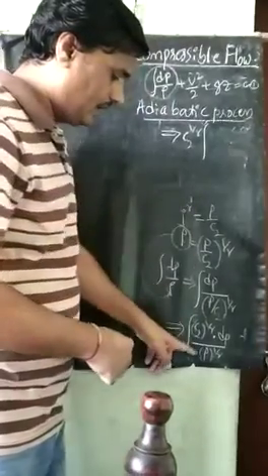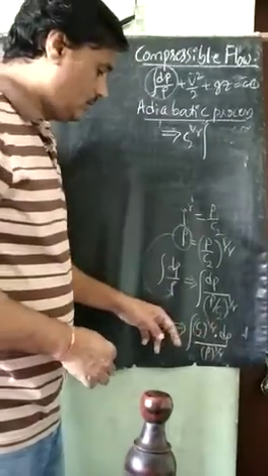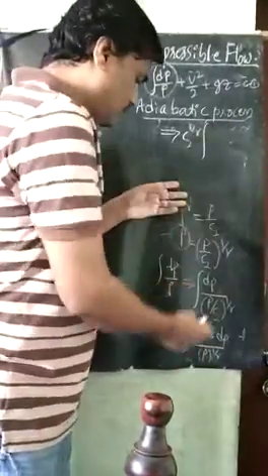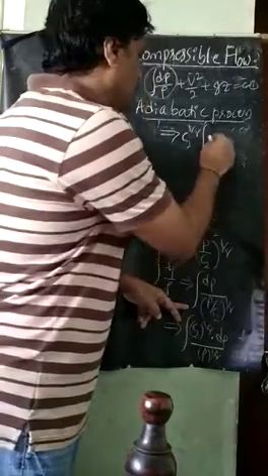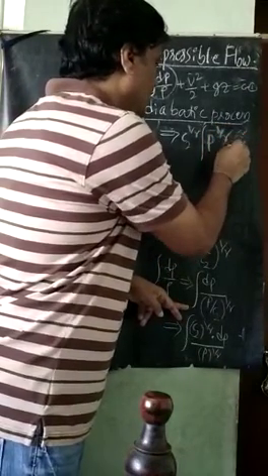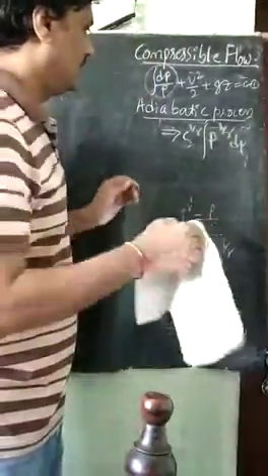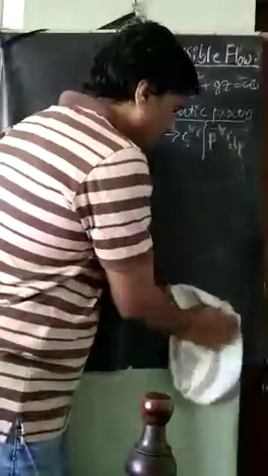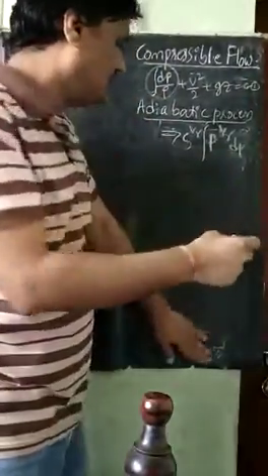If I take rho raised to 1 by gamma in the numerator, it becomes minus. So this becomes P raised to minus 1 by gamma into dP. Now we can integrate it very easily, because we are getting the P term and we are integrating with respect to dP.